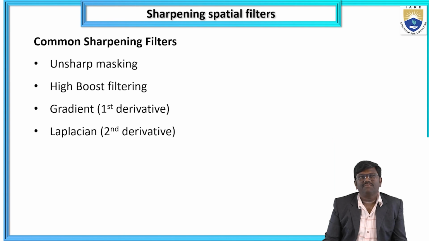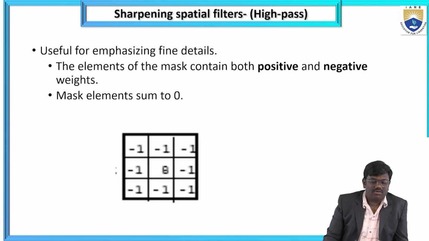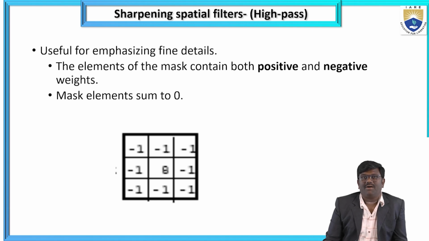We also have to understand how the combining spatial filters are used for enhancement of an image. Similarly, the sharpening filters are unsharp masking, high boost filtering, gradient, that is first order derivative, and Laplacian, that is second order derivative processing. They are useful for emphasizing fine details. The elements of the mask contain both positive and negative weights.